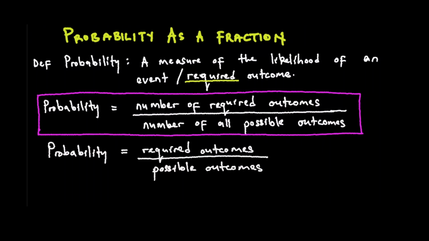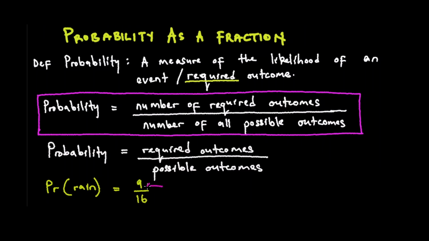I want us to go back to the example we did yesterday, where we said the probability of rain in Gwanda in September is equal to 9 over 16.